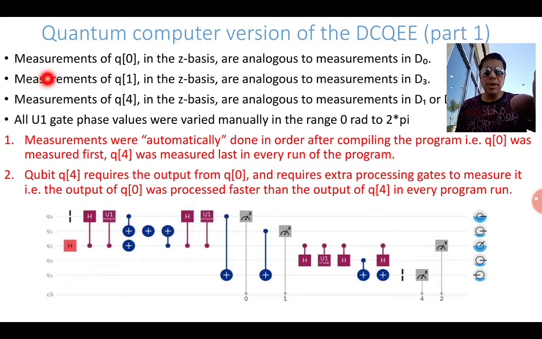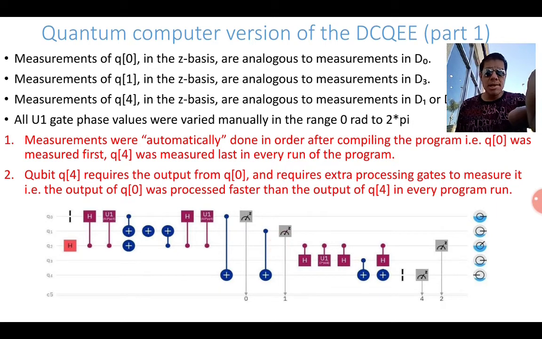Let me begin here. A measurement of Q0 in the Z basis is analogous to a measurement at D0, so this one right here is analogous to D0. Measurements of Q1 in the Z basis are analogous to measurements of D3, so this one is analogous to D3.